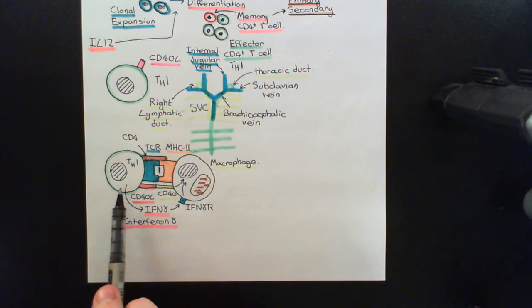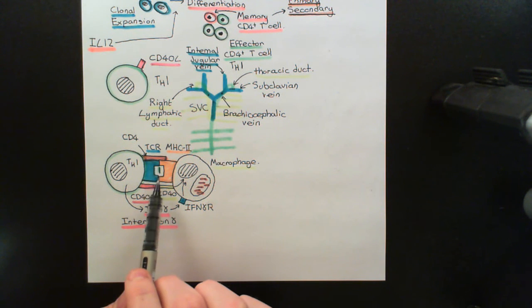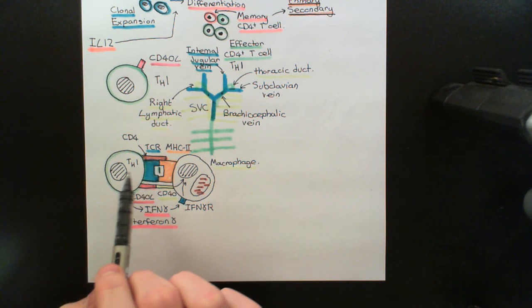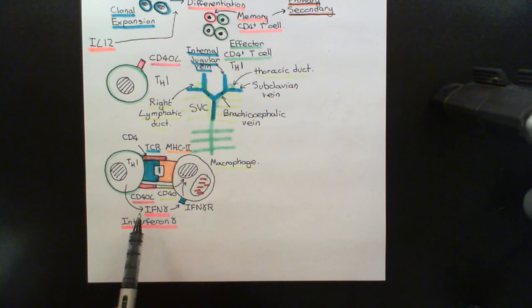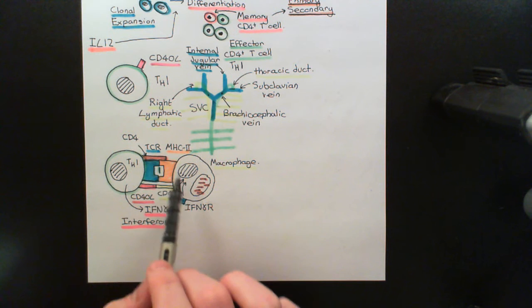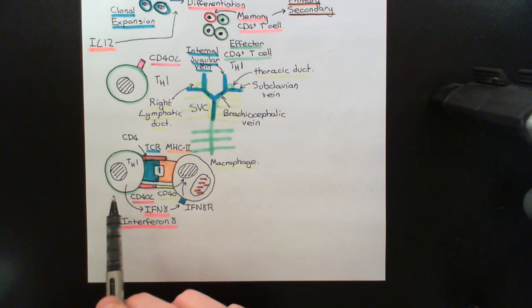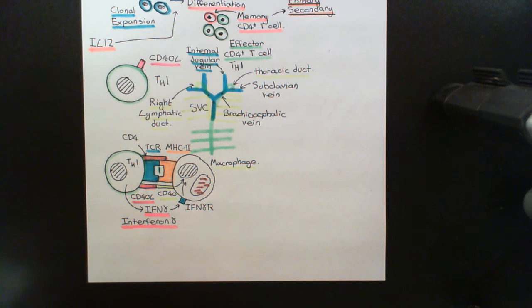Okay, so overall the T helper 1 cells can go up to macrophages, and if the macrophage has on its surface MHC class II proteins with the correct peptide fragment that this T helper 1 cell is targeted against, the T helper 1 cell will form an immune synapse like so. The CD40 ligand proteins on the surface of the T helper 1 cell can then activate CD40 proteins on the surface of the macrophage, as well as interferon gamma that the T helper 1 cell is releasing, activating interferon gamma receptors on the surface of the macrophage.